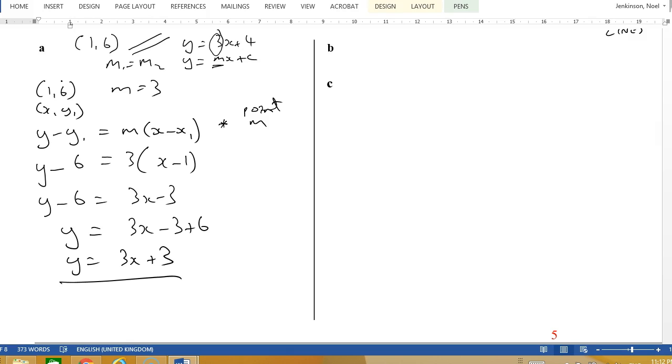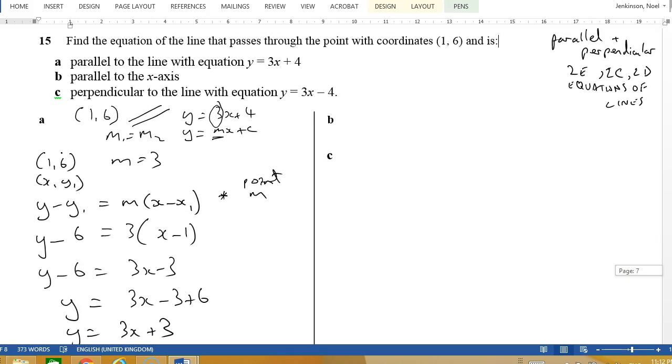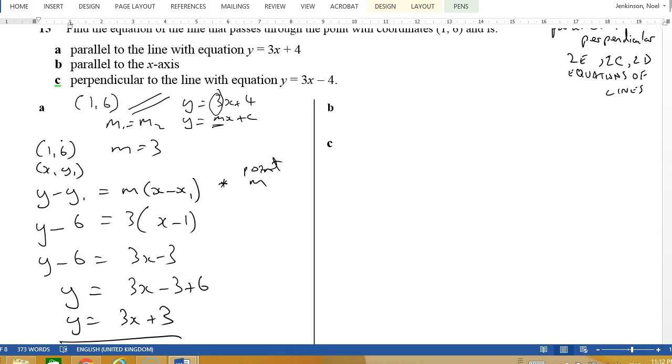For part B, we're asked for the equation of the line that is parallel to the x-axis, still going through the point (1, 6). If it's parallel to the x-axis, it's going to look like this. It goes through the point (1, 6), which is there, but it's parallel to the x-axis.